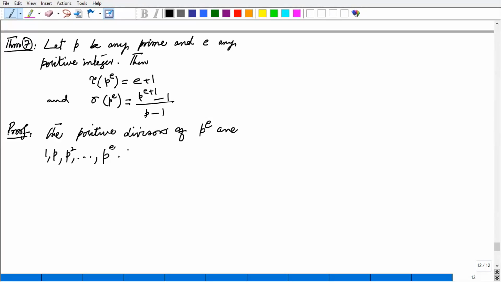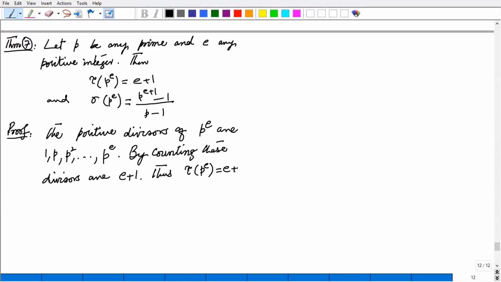So by counting these divisors, there are e plus 1. Thus, tau of p to the power e is e plus 1.